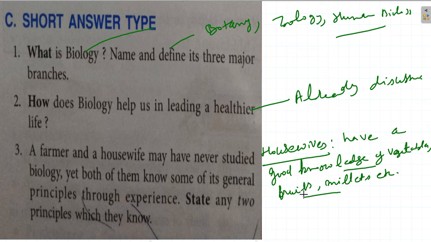Now the second one is farmer. Farmer already know the crops, but in biology they have never studied biology, but they know the crops.